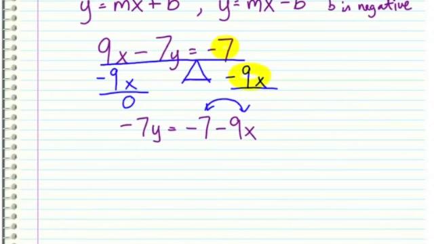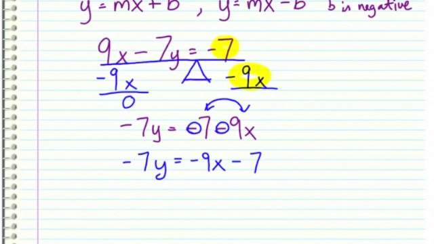The only piece that's a little tricky is that my negative 7 and my negative 9x are in the wrong position. So I can switch the order because as long as I keep the signs, it doesn't matter what order I write them in. So I can say equals negative 9x minus 7, and that would be the same equation as I had before.